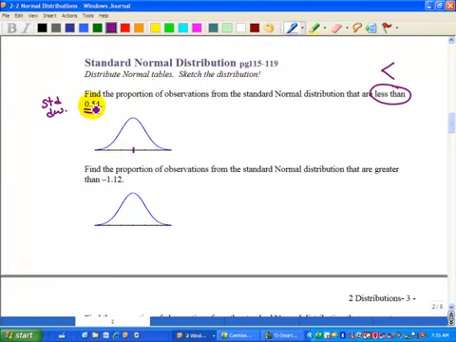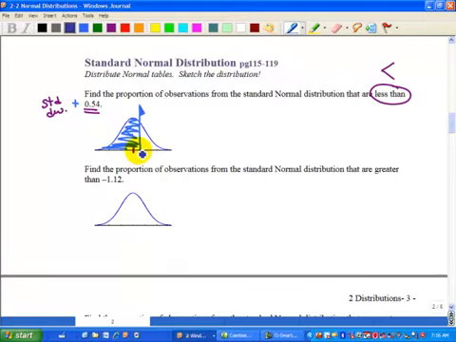I want to go, it says positive, so up half of a standard deviation, so about right here. Then what you do is you draw a line up and you put a little flag on it. This marks where we're stopping, up a half. And then I want to color less than that. So from this flag, less than is that way. What percent of the graph is less than?